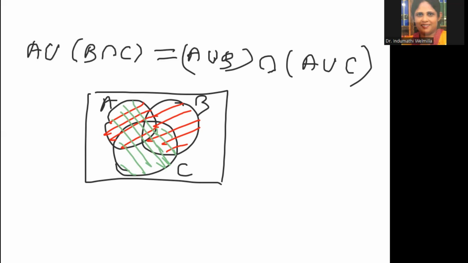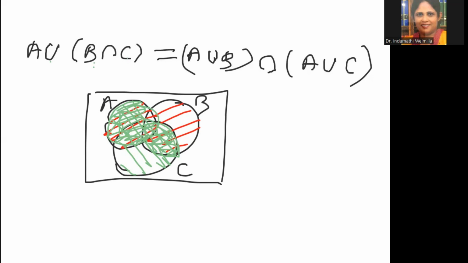You can see this part and this part. Then it is also equal to B intersection C, that part, and union the whole of A. You can understand that one.